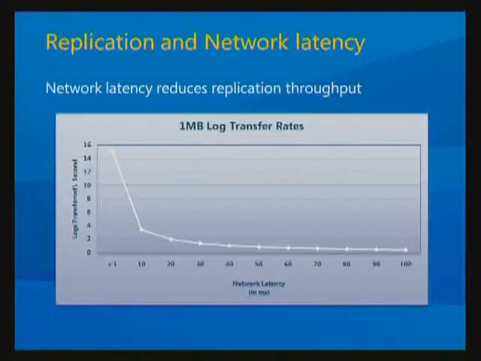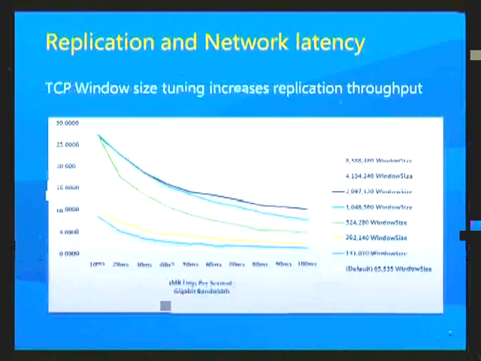This also shows what happens when your latency goes up. It's pretty dramatic. The logs transferred goes down pretty quickly, and then it kind of flattens out. What we did was a number of tests around the TCP window size.